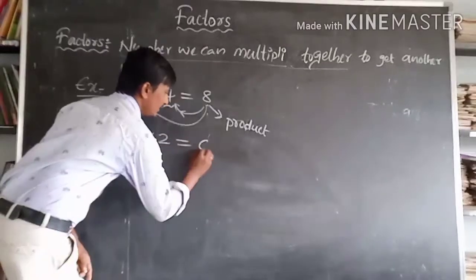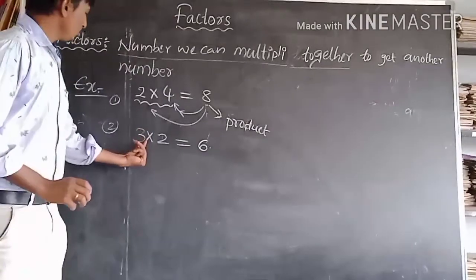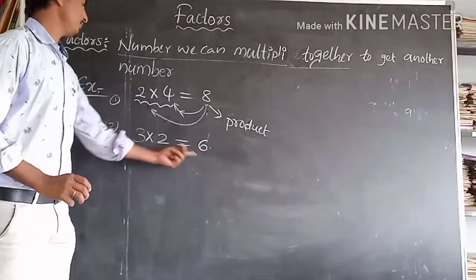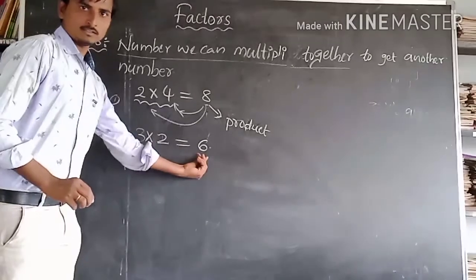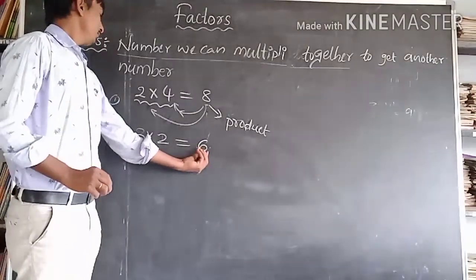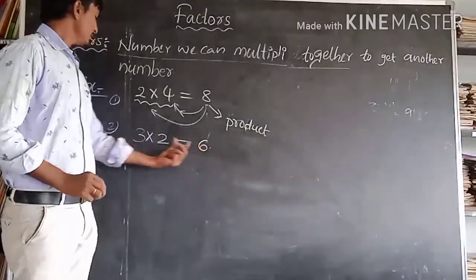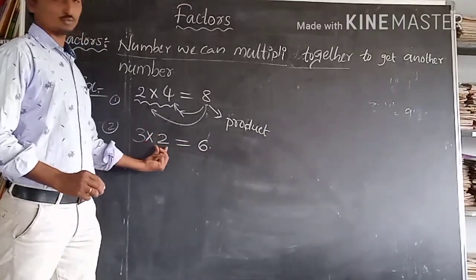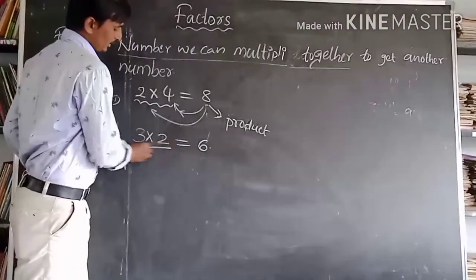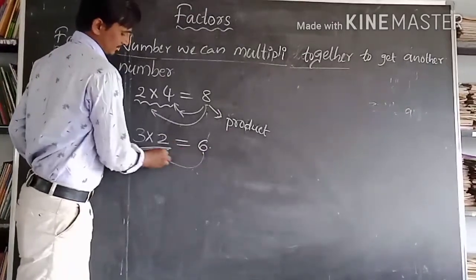So we get 6. So 3 and 2 are factors of 6, and 6 is the product. When we get 6, it is from multiplying 3 and 2. It means 2 and 3 are factors of 6.